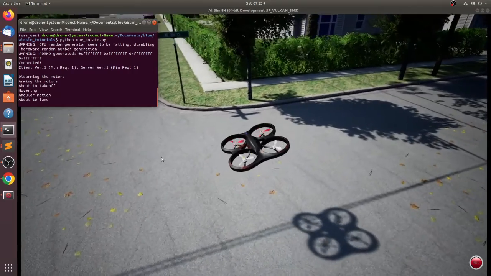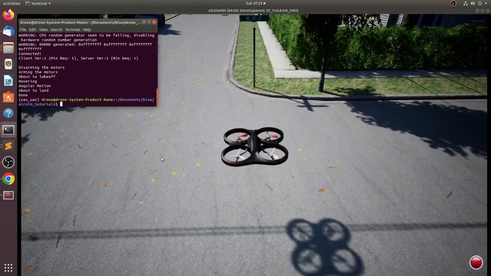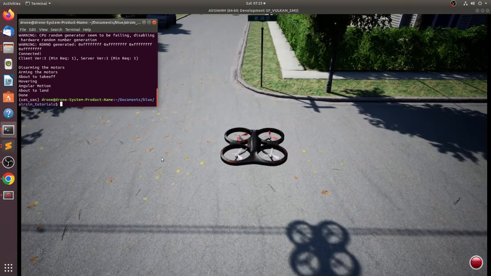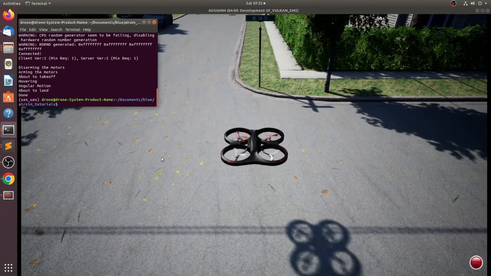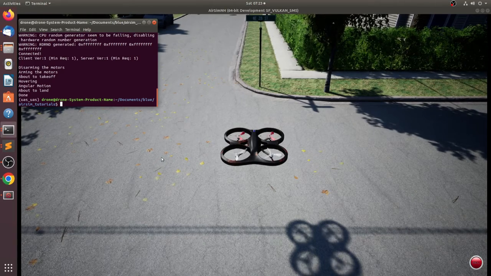So yes, you guessed it correctly. There will be a translation, and it is along the left and right axis. As you can see, it's making some angle with the roll, causing it to translate along that axis. We'll cover that in detail in the next tutorial.